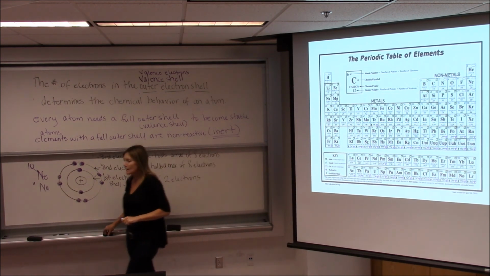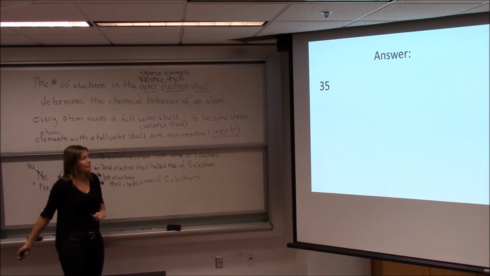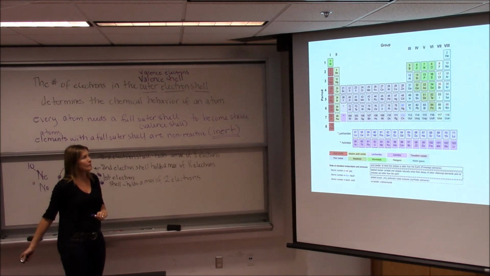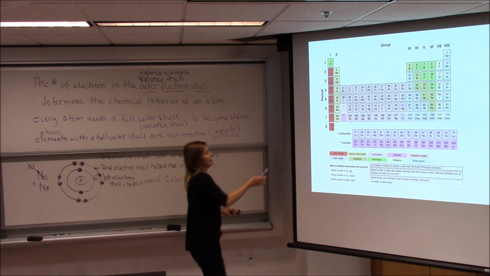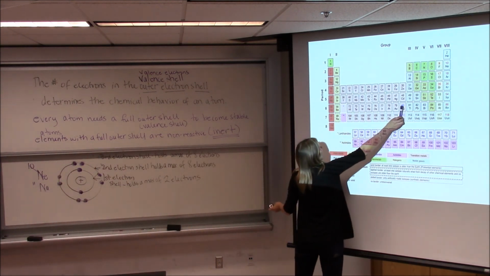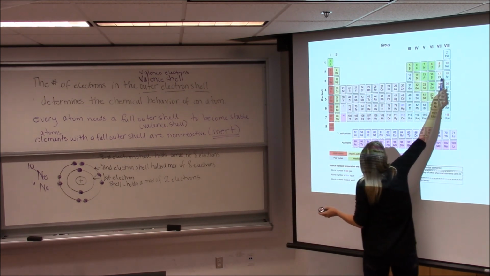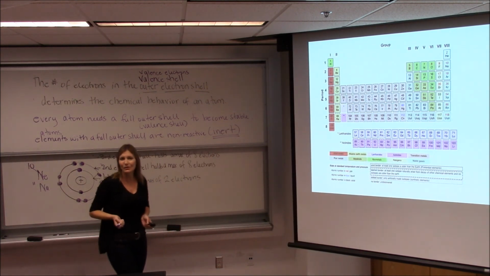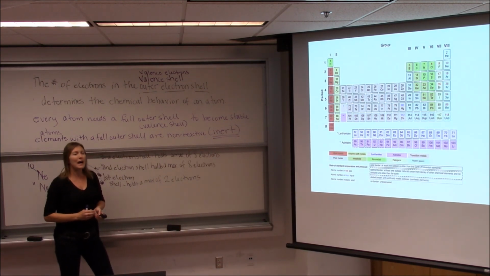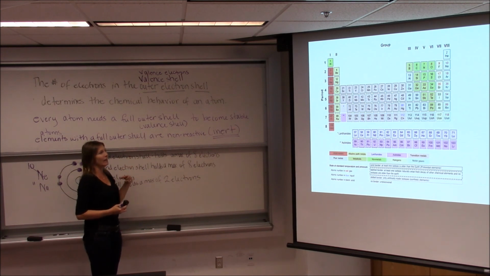The other columns are going to react. And remember, we talked about putting column numbers over the first 8 columns, skipping this middle part. So column 1, 2, 3, 4, 5, 6, 7, 8. Well, guess what? For the purposes of this course, there's a shortcut to figuring out how many valence electrons an element has, how many electrons are in that outer shell.